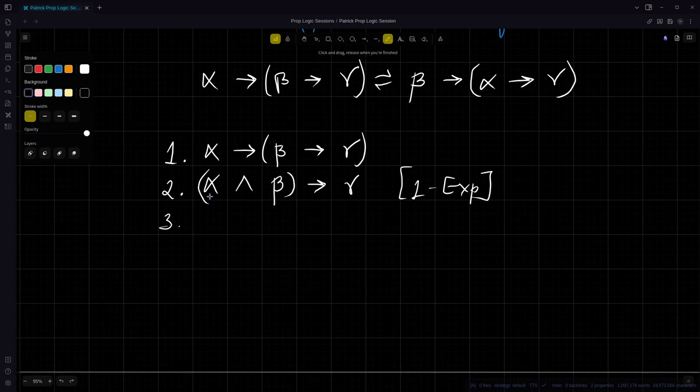Commutativity. Yes. So what's the next step? We can switch the beta and the alpha in different places, and then we do another exportation. Exactly.